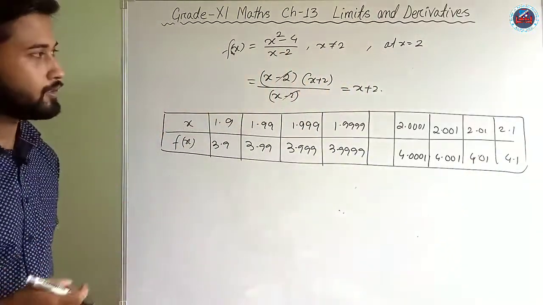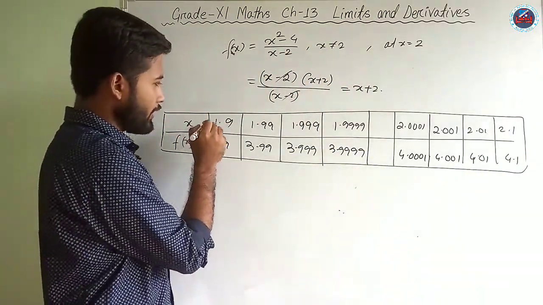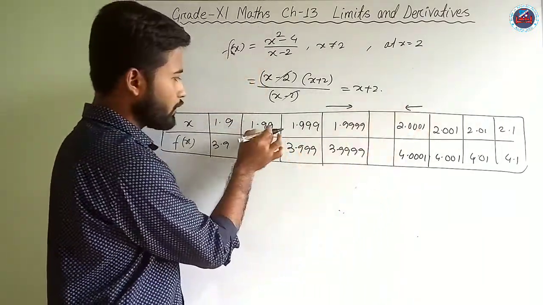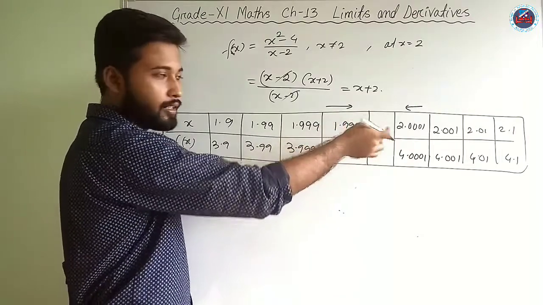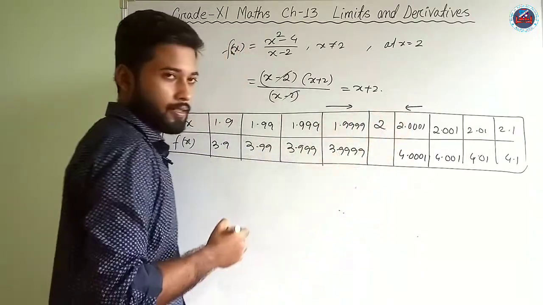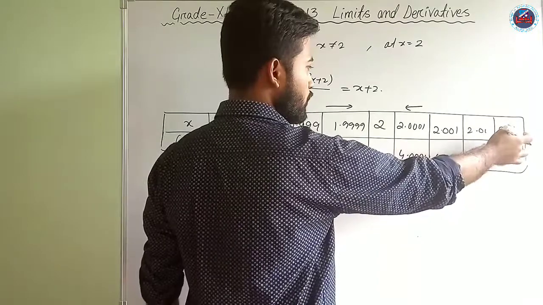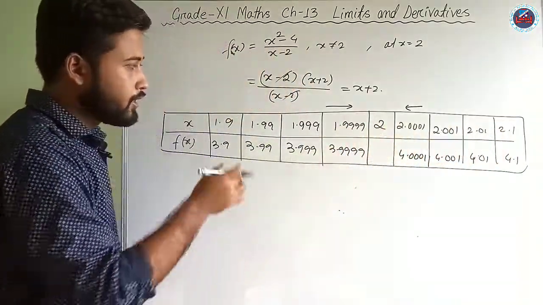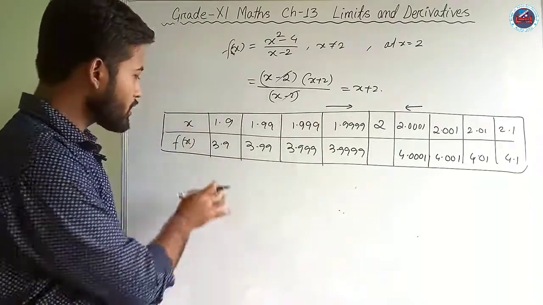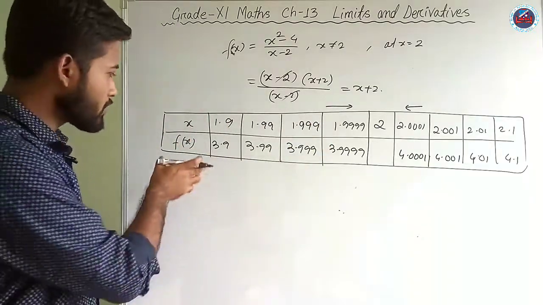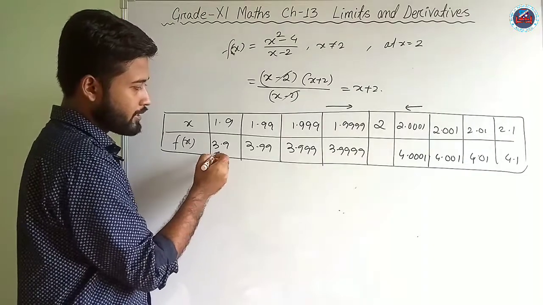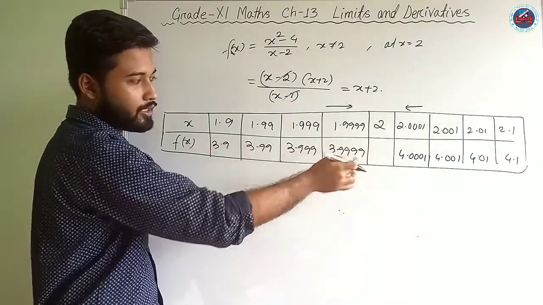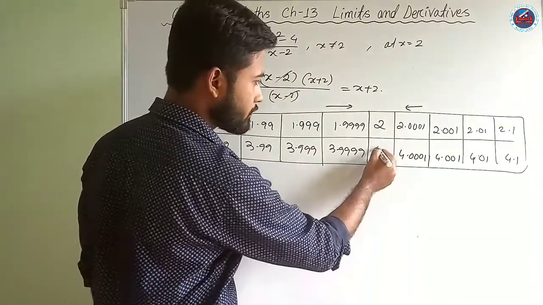Now what do you see here? As x is tending towards 2, see 1.9, 1.99, 1.999, 1.9999, so it is tending towards 2, isn't it? Similarly in the right hand side, 2.1, 2.01, 2.001, it is decreasing and tending towards 2. So when x is tending towards 2, how does our function behave? Here we see that earlier we had 3.9, then 3.99, 3.999, 3.9999, so it is nearing 4, isn't it?